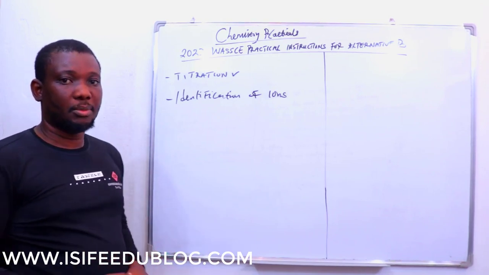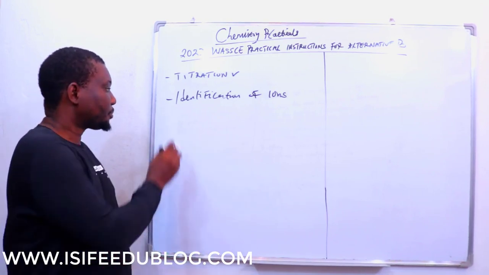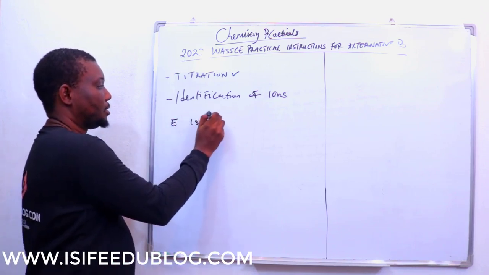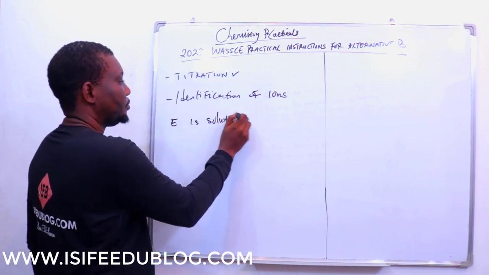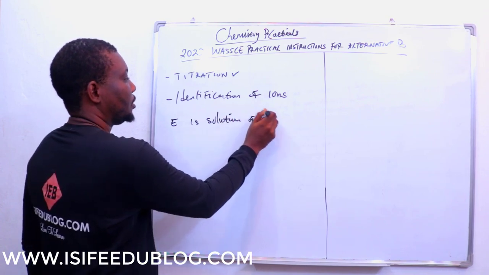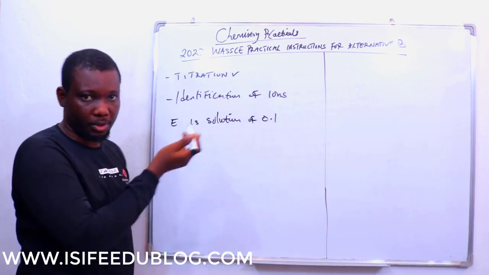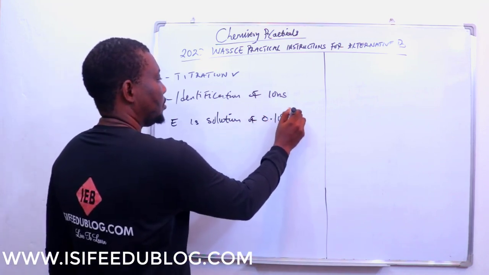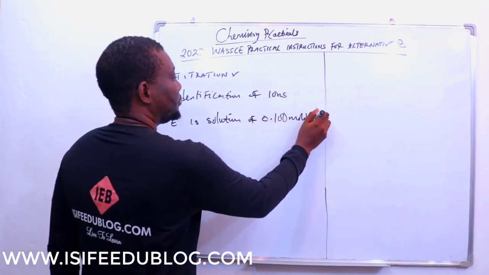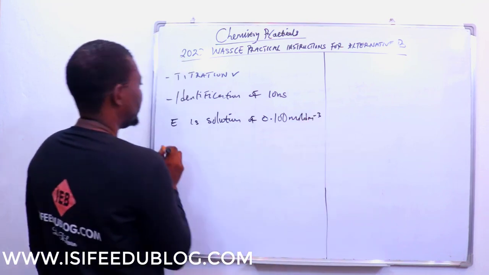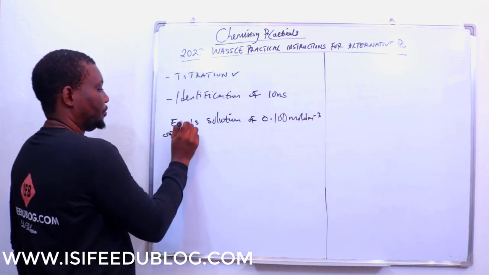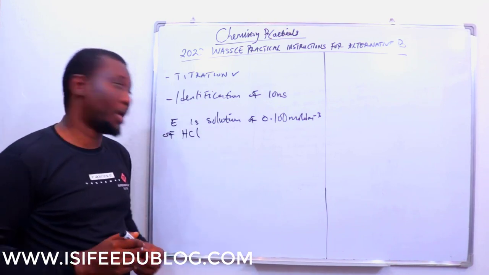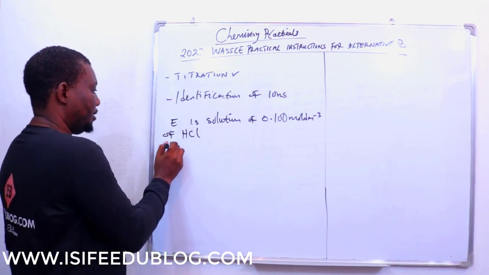So E is a solution of, let's assume it is given this way, 0.100 mole per GMQ of hydrochloric acid, HCl.